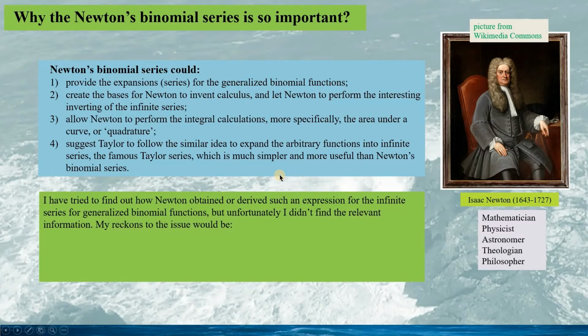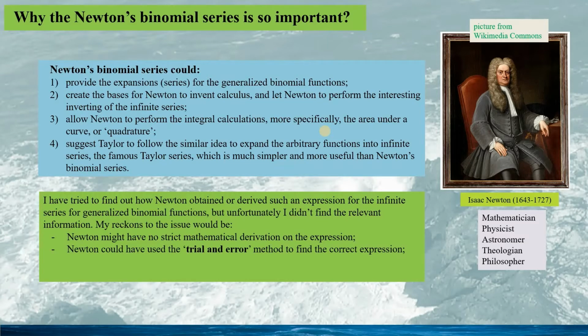I have tried to find out how Newton obtained or derived such an expression for the infinite series, but unfortunately, I didn't find the relevant information, and I reckon Newton might have had no strict mathematical derivation for this expression.